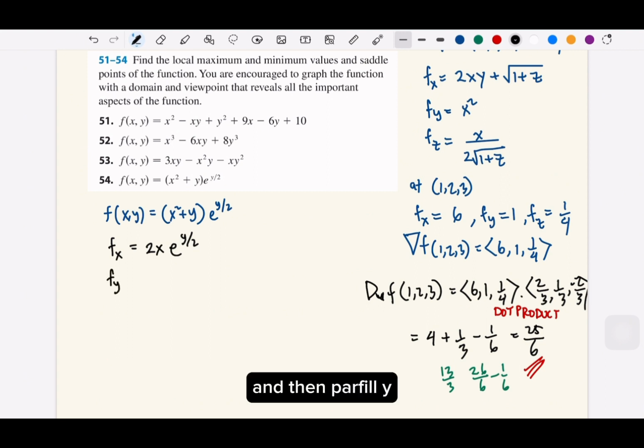And then partial y, we have a product rule. So this will be 0 and 1, and then e plus half e, and then half e, and multiply with this.